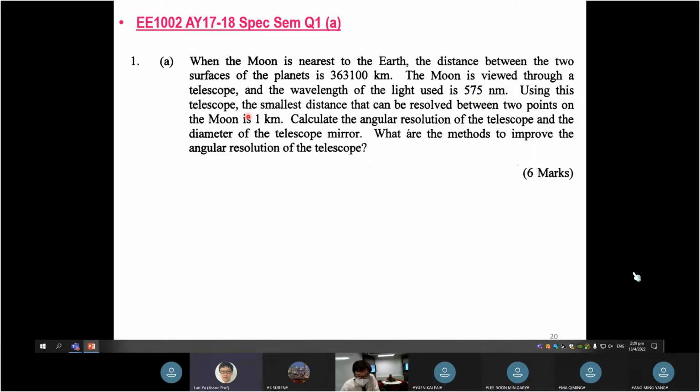Using this telescope, the smallest distance that can be resolved between 2 points is 1 centimeter. Here I give you the resolution, the smallest distance, which means the distance corresponding to the just resolved condition. Then I want you to calculate the angular resolution of the telescope and the diameter of the mirror.